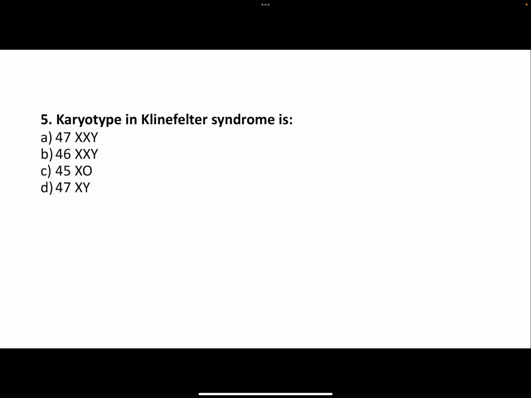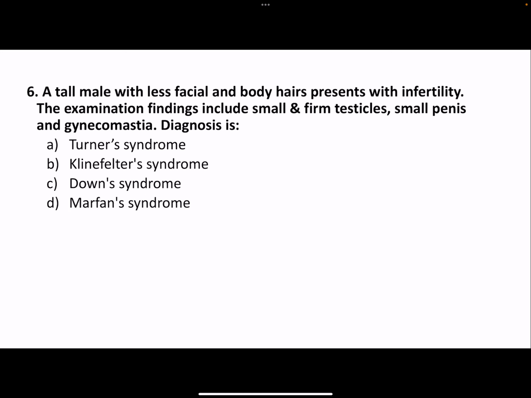Question number 5. The karyotype in Klinefelter syndrome is. In the Klinefelter syndrome, there are 47 chromosomes and the karyotype is 47XXY. So the correct answer to this question is option A, that is 47XXY. Question number 6.